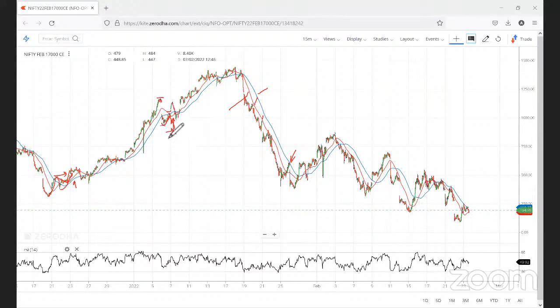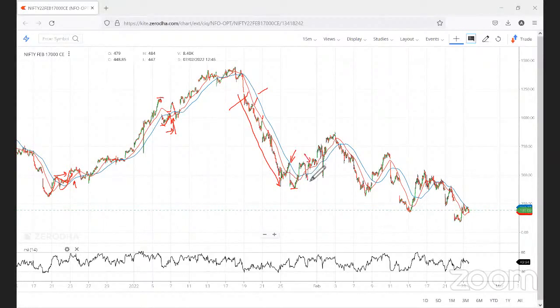This way you can make the system much more appropriate without trapping you near the reversal areas or near sideways action, to be honest. With this method, if you would have followed, you would have stayed in the direction of the downtrend by selling the 17,000 call option all the way till this level. You would have stayed on the positive side around this level.